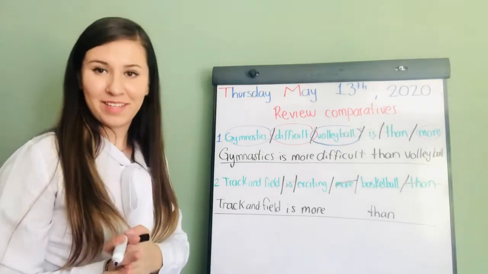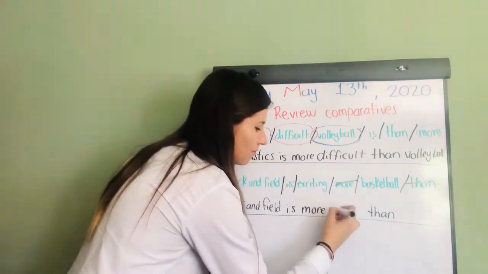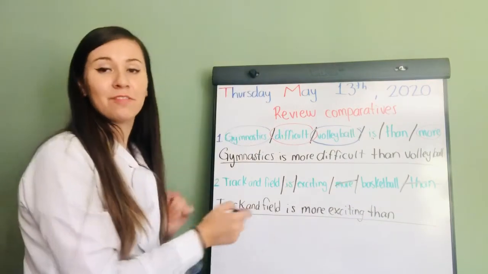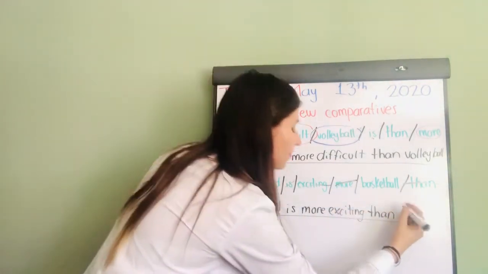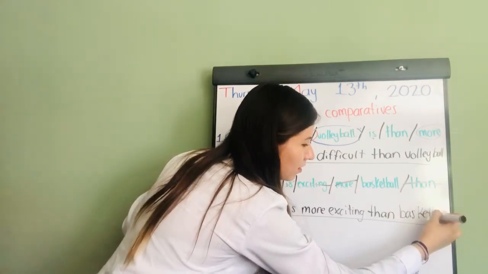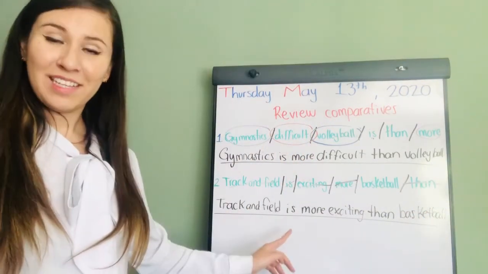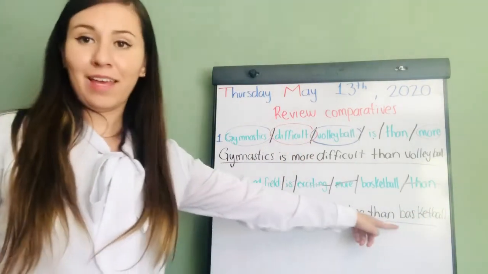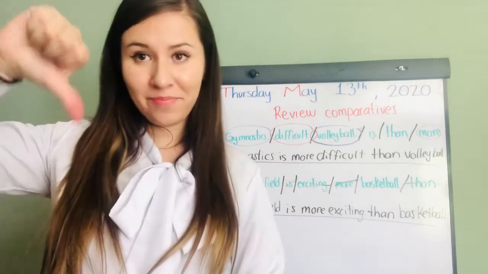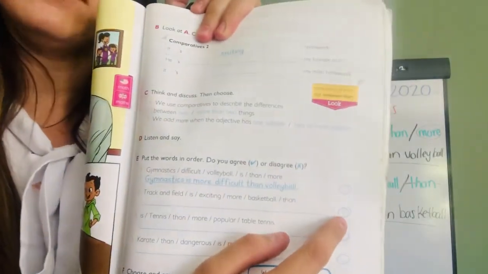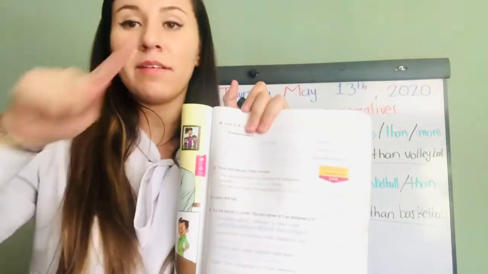An adjective. Exciting. Track and field is more exciting than basketball. Track and field es más emocionante que basketball. Do you agree or disagree? Again, if you agree, you have to check in this circle, and if you disagree, you have to cross.